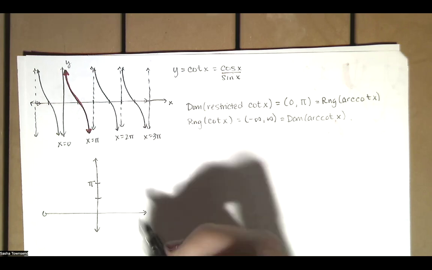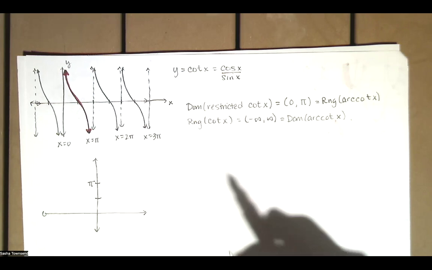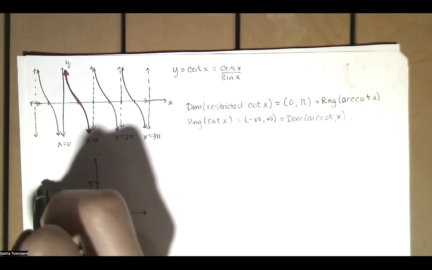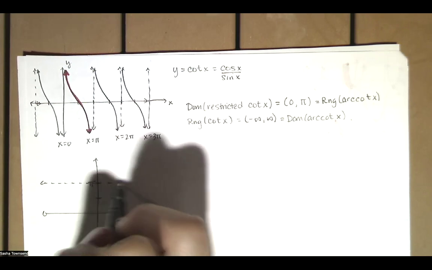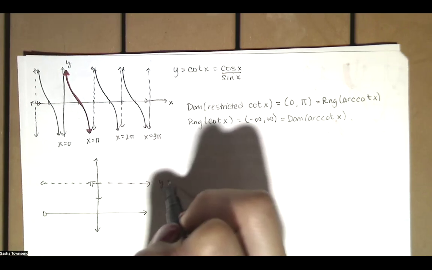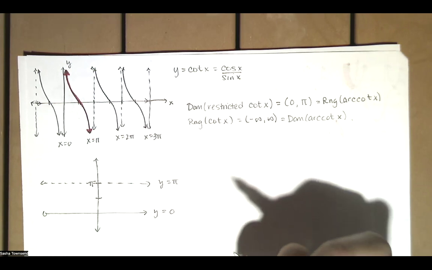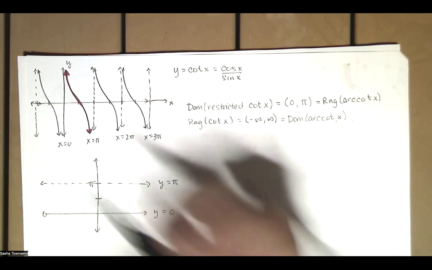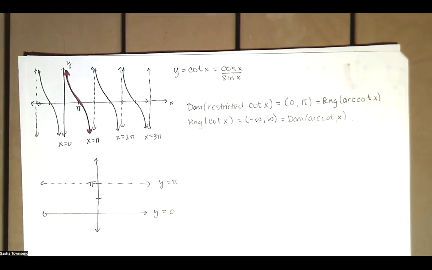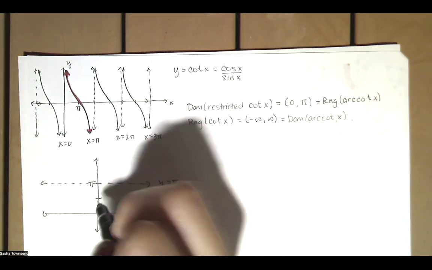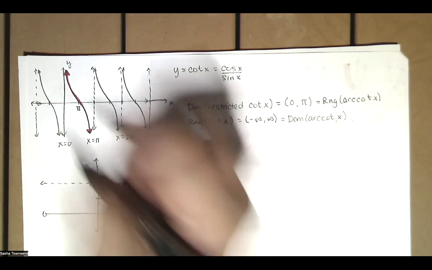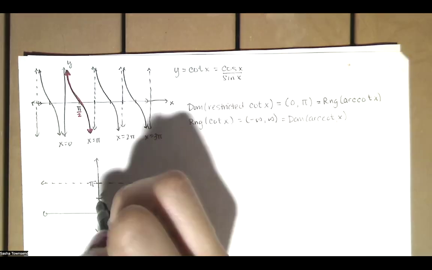And we see that x equals 0 and x equals pi are vertical asymptotes of that graph. So y equals 0 and y equals pi will be horizontal asymptotes of this one. And then at x equals pi over 2, our cotangent is 0. I wrote pi, that should be pi divided by 2, sorry.